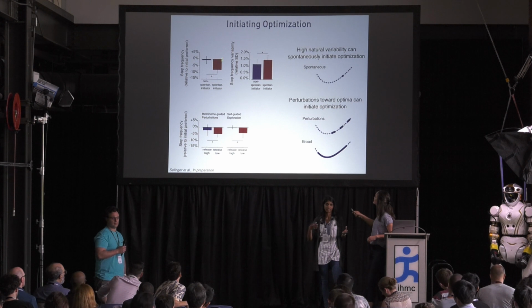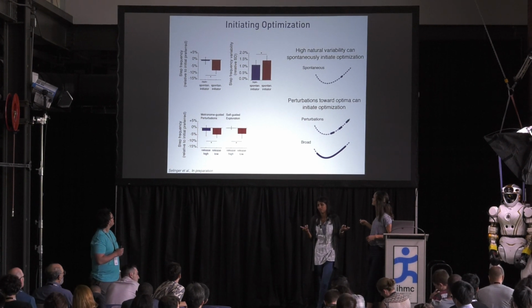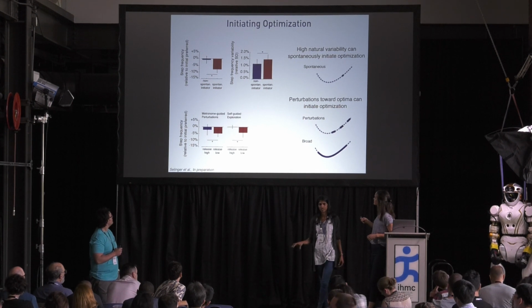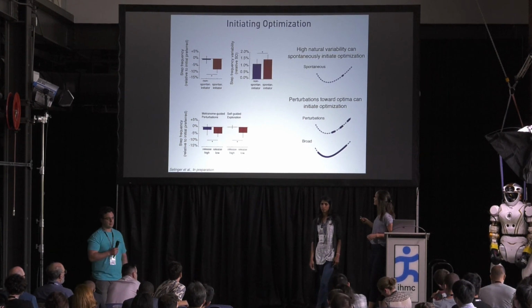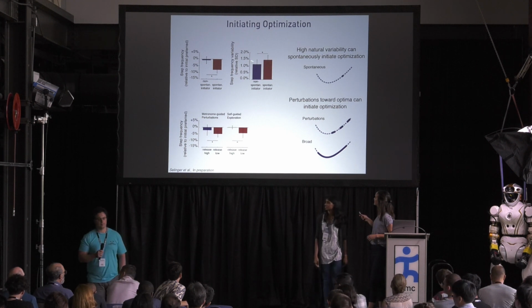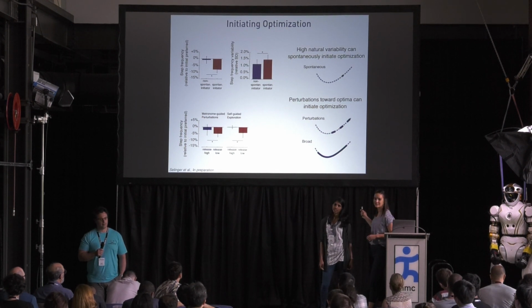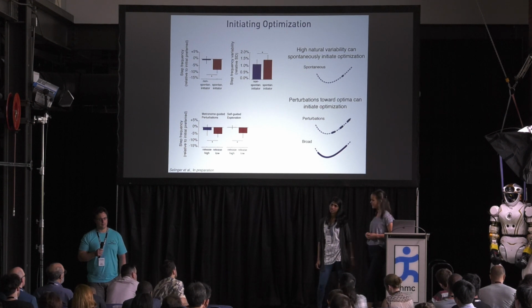Reinforcement learning is based on exploration, so some people are maybe, for whatever reason, naturally explorers. Here you can see that they have a higher variability compared to the non-spontaneous initiators, which may give them a better sample of what this gradient is and kind of tease out the noise that we have in the metabolic cost.